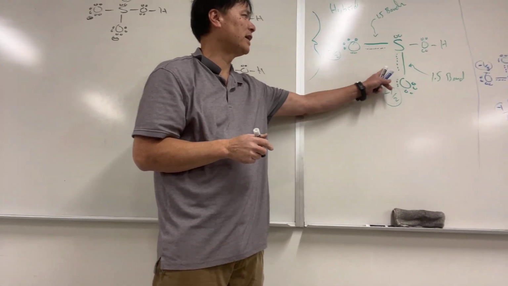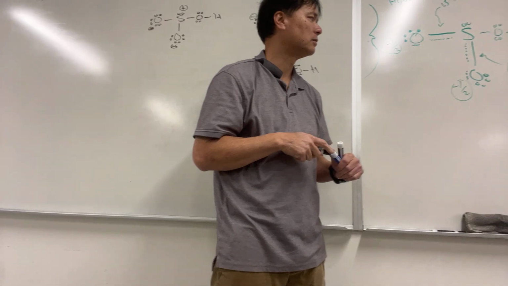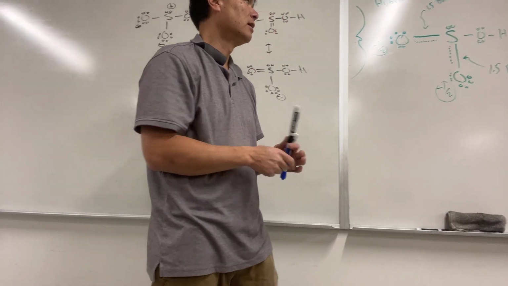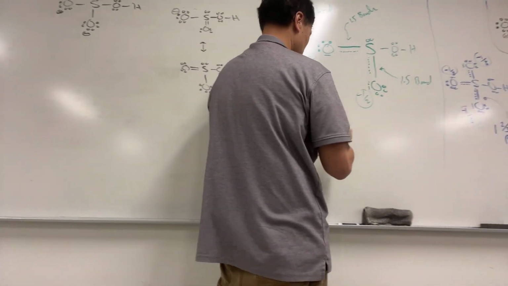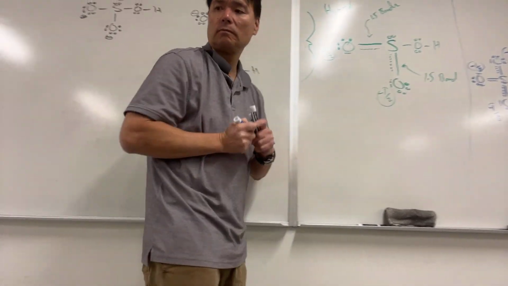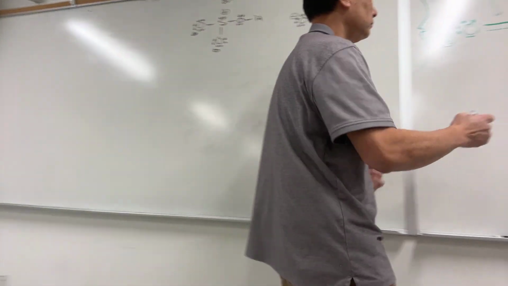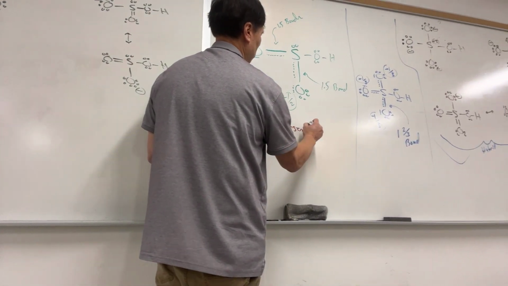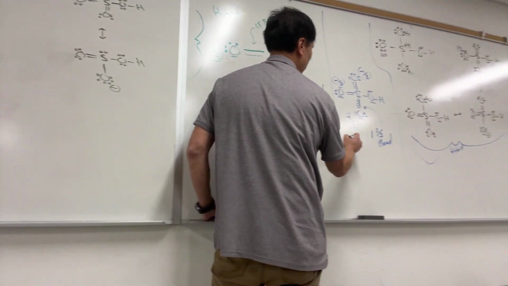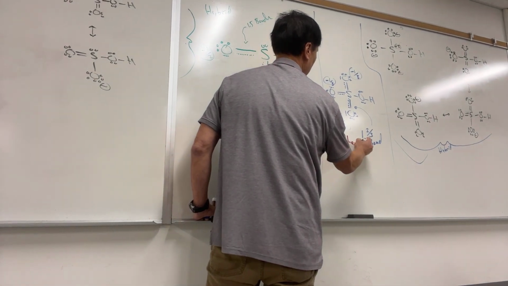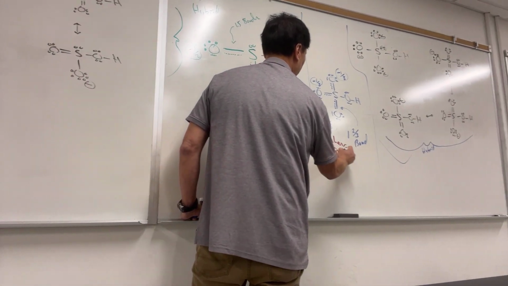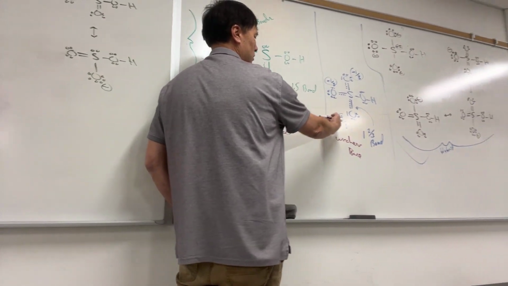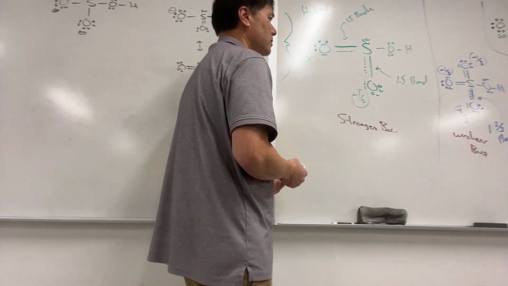Bisulfite or bisulfate? Bisulfite. This is the stronger base. This is the weaker base. And it boils down to this: negative 1/2 is more negative than negative 1/3. That's it.